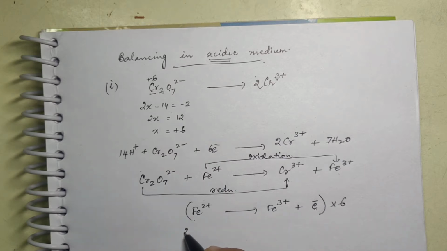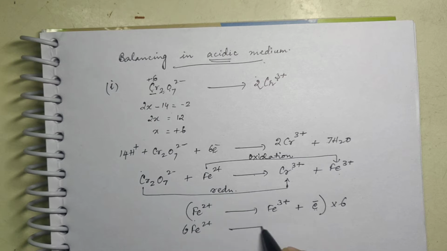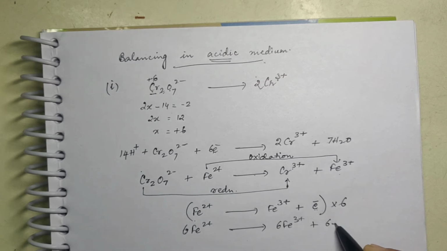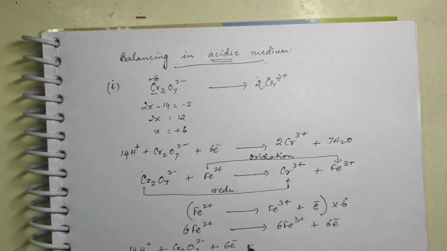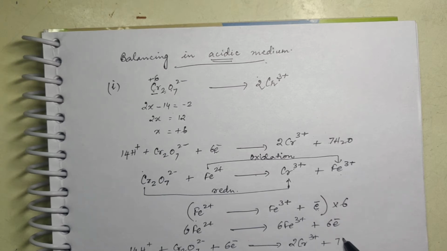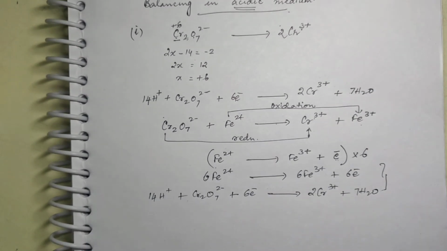So you will have 6 Fe2 plus giving you 6 Fe3 plus plus 6 electron. And what was the previous one? It was 14 H plus plus Cr2O7 2 negative plus 6 electron will give you 2 Cr3 plus plus 7 H2O. Now add the two.